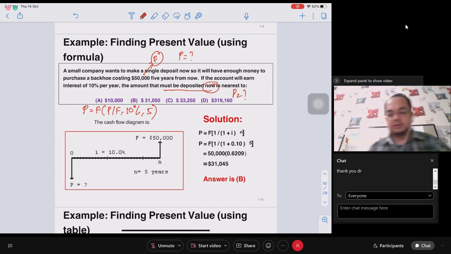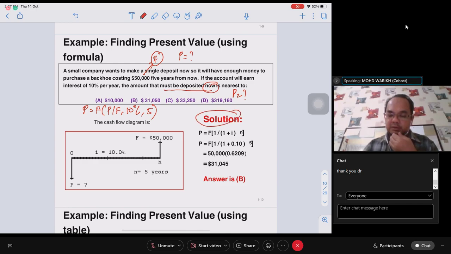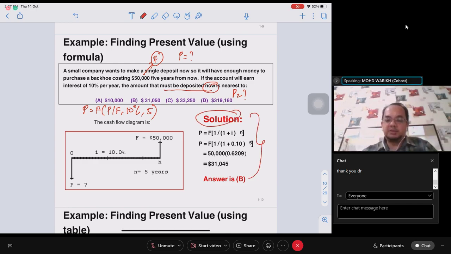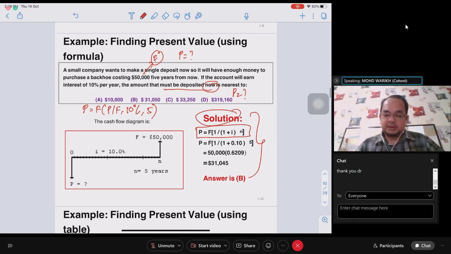That means you can use the formula or the table. This one, the solution given to you is from the formula. You can use the formula, it's okay, no problem at all. But it makes it quite difficult to solve the problem. So use the formula, you can refer to the table of the formula, and then you just put in the parameters and you get the answer.